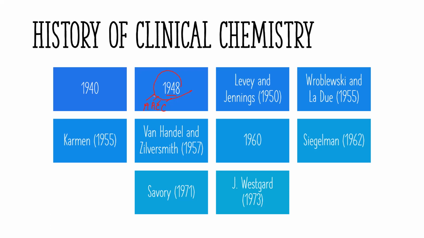Next, in 1950, Levy and Jennings started the quality control chart to be used in clinical laboratories, what we nowadays call the Levy-Jennings chart. In the year 1954, we have Kubi, who developed the lab method for serum creatine phosphokinase, the CPK.